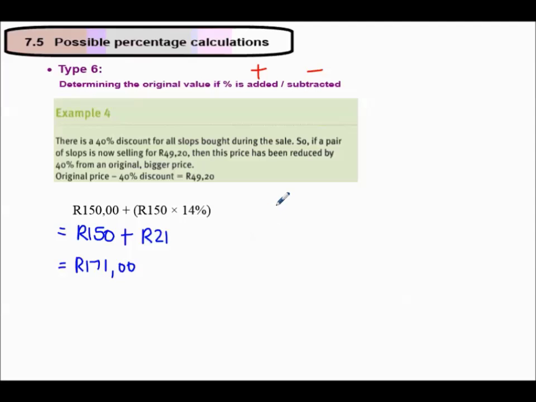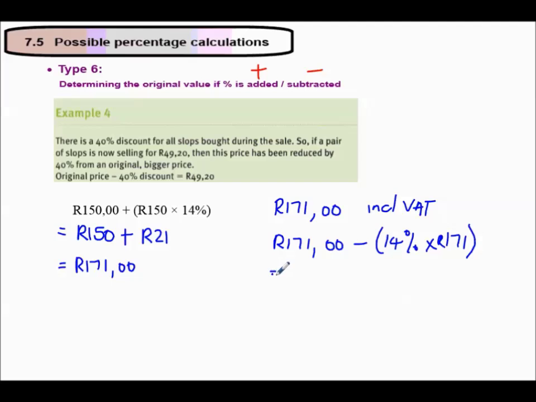Now if we had to find the price before VAT, it is 171 Rand, and that includes VAT. Now I know you just want to say, well, to get back to the price before VAT, you want to take 171 Rand and you want to minus 14% of 171 Rand.